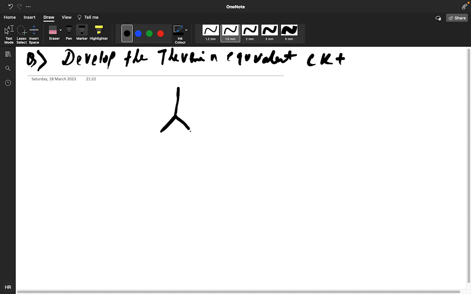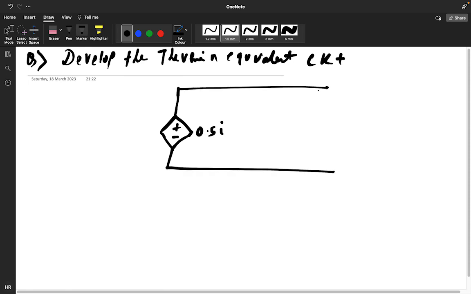Okay, so what is the circuit? Your circuit is like this: positive, negative, it's 0.5 I. Here 1 ampere it's given.